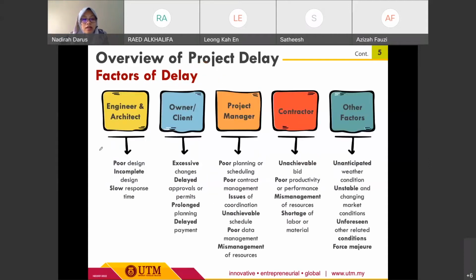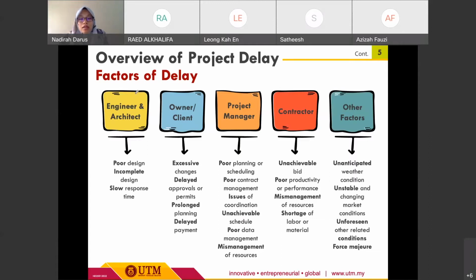And then there are several factors, several items that affect or cause the delay. Here I have summarized them into 5 main categories or components according to the individual person in charge, the individual party.